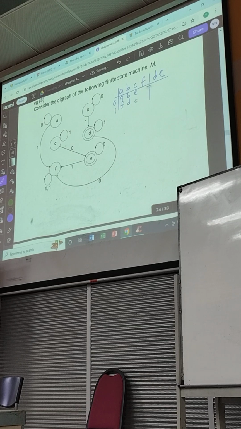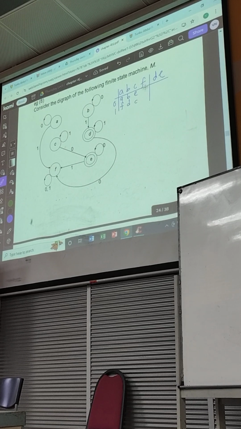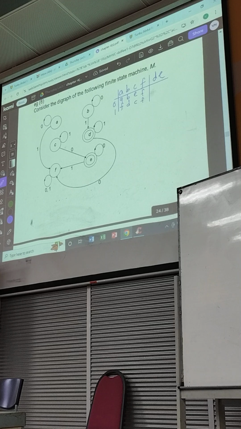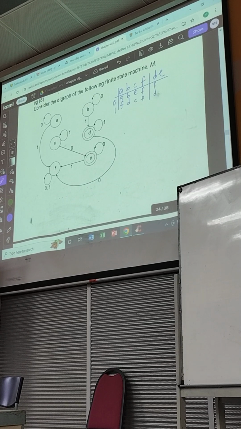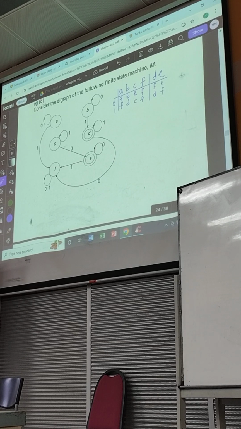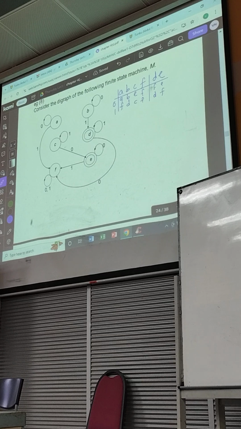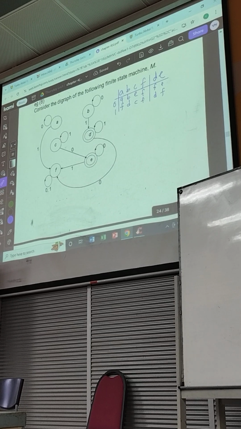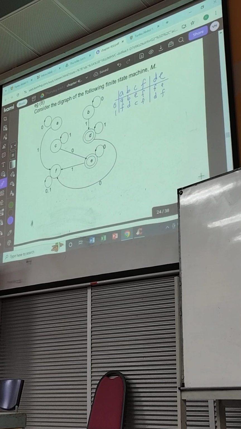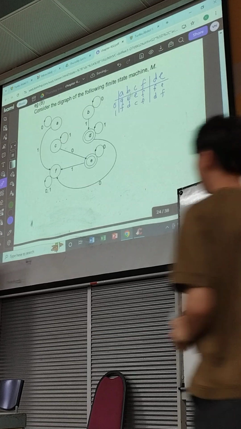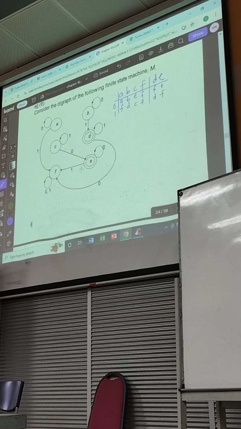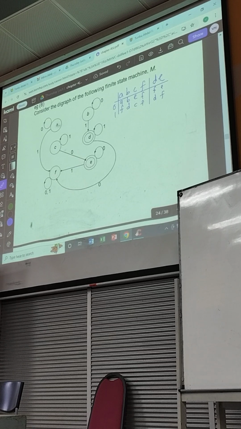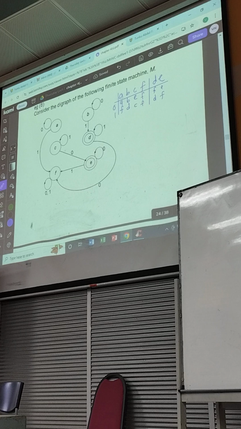You can refer to the table just now because I already erased. You can refer to yours. F is FF, D we have FD, and E we have EF. So these are the two classes that you have after dividing the acceptance states to one class and the rest of the non-acceptance states to one class.